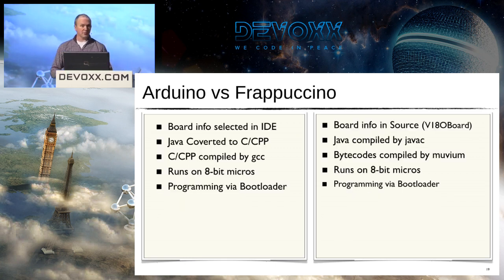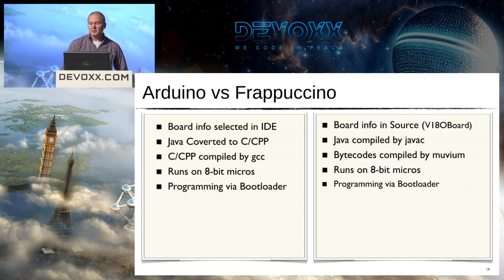So what's the difference between Arduino and Frappuccino? On the Arduino side, the board information and the communications information are selected in the IDE, whereas in Frappuccino, that information is embedded in the source, in the class structure, in what your base board extends.